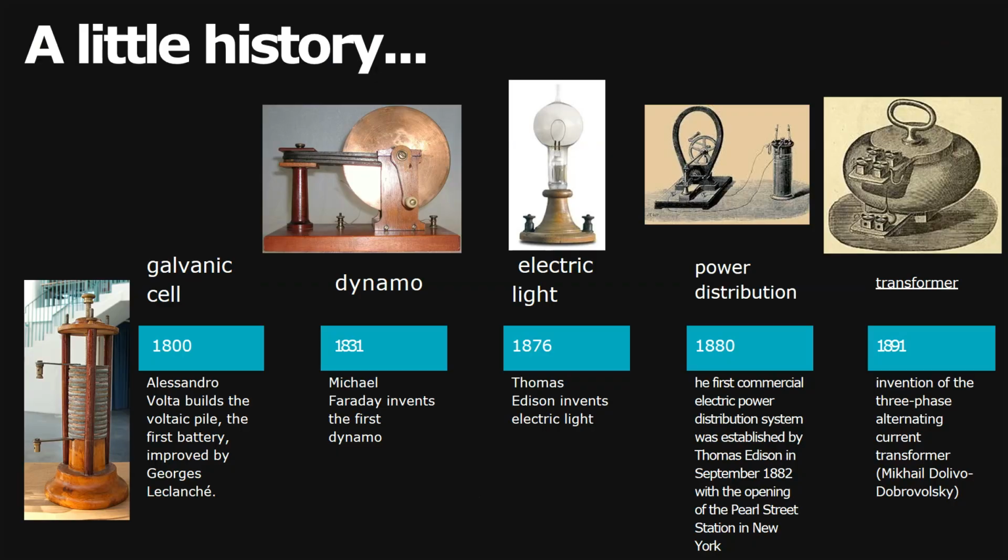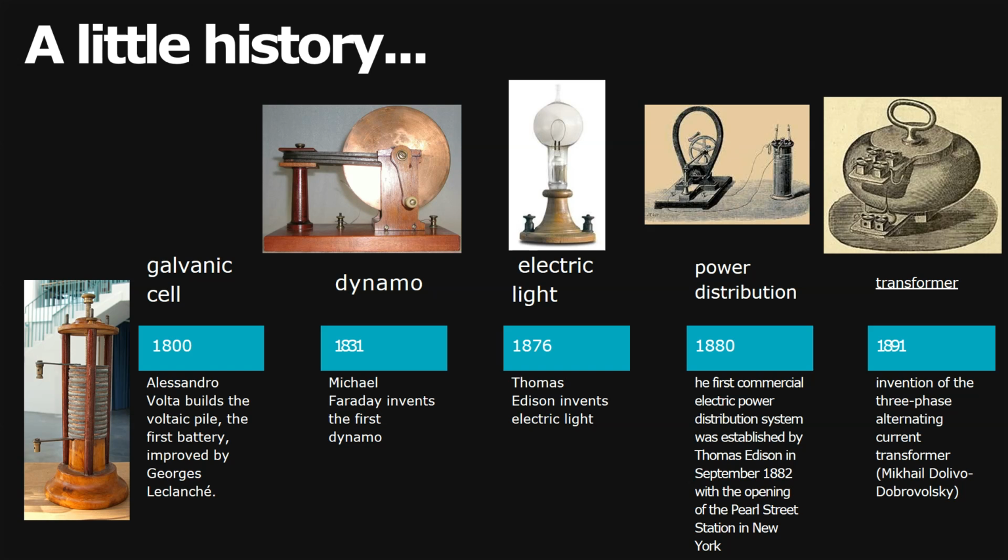If we talk about a little of the history of electrical engineering, we can find five major inventors. First, the galvanic cell invented by Alessandro Volta, who created the first electric battery, called the voltaic pile. Michael Faraday invented the dynamo, which is contained in every modern generator.